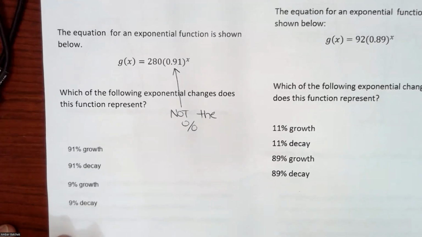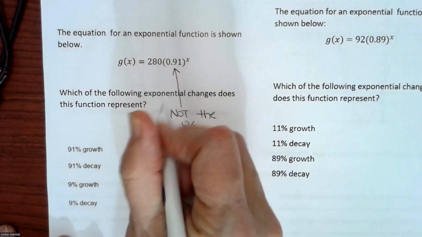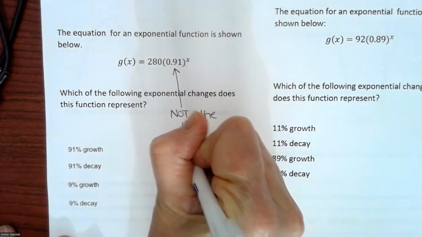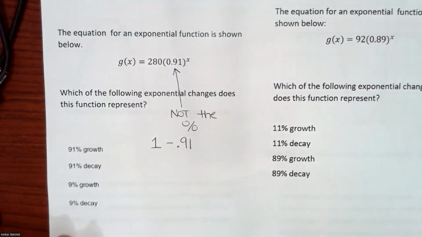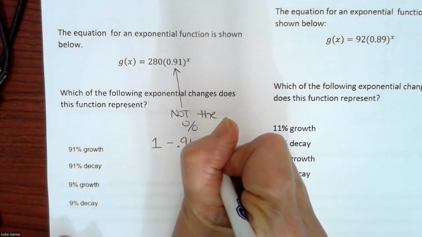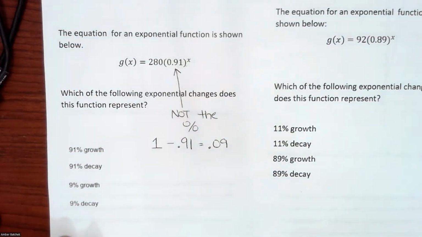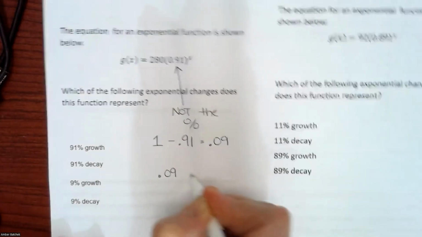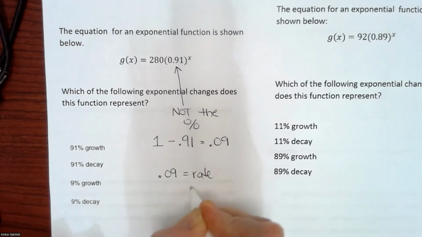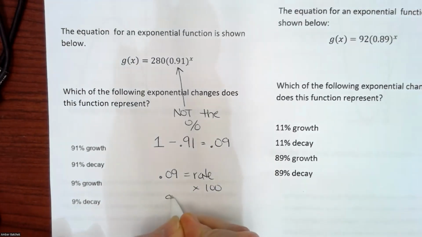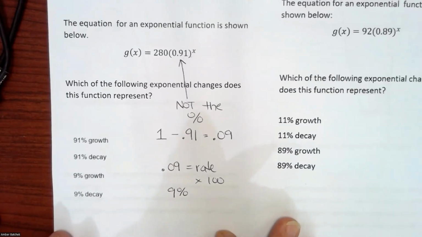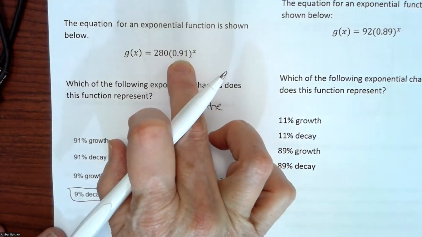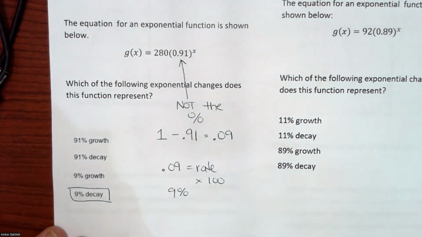So what you need to do is 1 minus what is in that parenthesis. 1 minus what is in that parenthesis. And what we get when we do that is 0.09. So now we take that 0.09, we know that that is our rate. And if we multiply by 100, it gives us our percent. So it is 9% decay, and we know that it's decaying because that number is less than 1, okay?